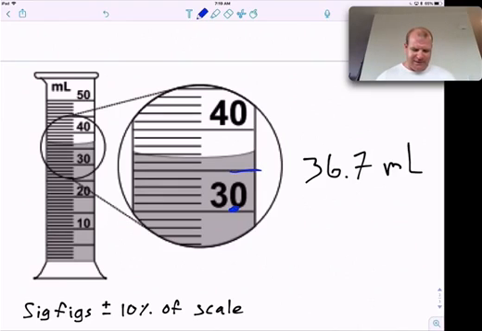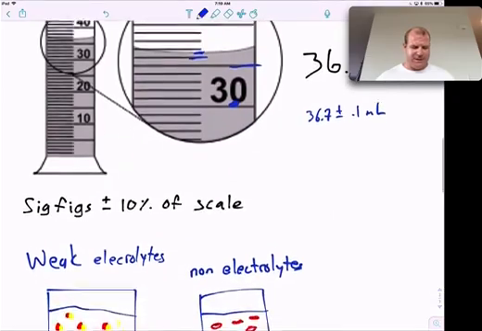This is 35. This is 36. And from here, you can go to the 10th scale on this. So I see this as 36.7. It would be 36.7 plus or minus 0.1 milliliters. So you can read a scale and you can guesstimate it to the 10th place of the lowest scale.